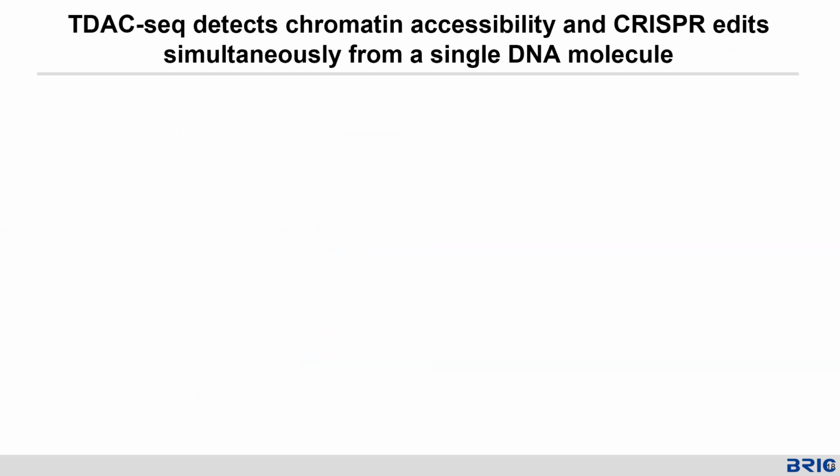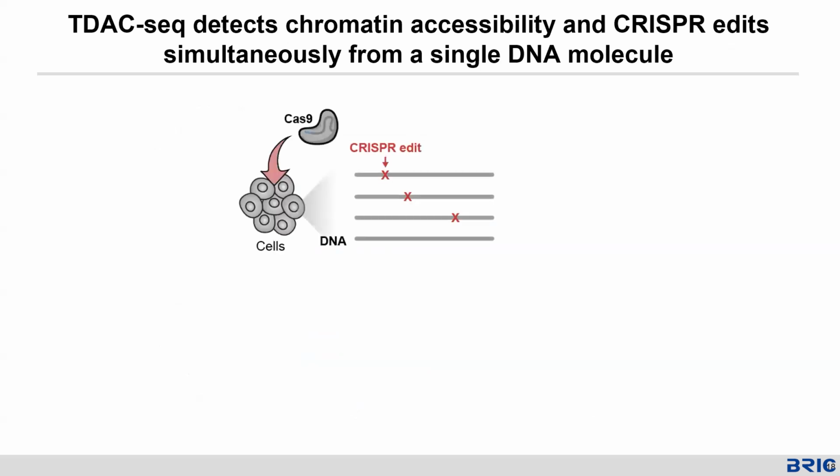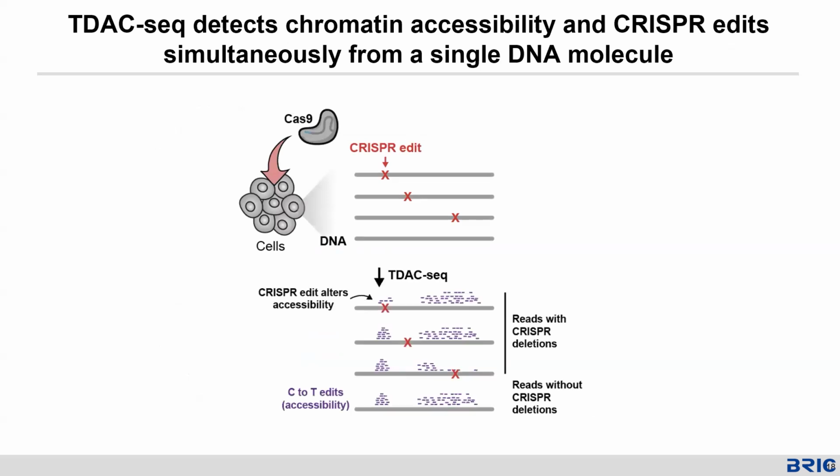So far, I've shown that we can use Tdaxic to detect chromatin accessibility and protein binding in single DNA molecules. Next, I want to combine Tdaxic with CRISPR perturbation targeting cis-regulatory elements. After introducing CRISPR mutations, I perform Tdaxic, which introduces DDD mutations on top of the CRISPR-mutated DNA.